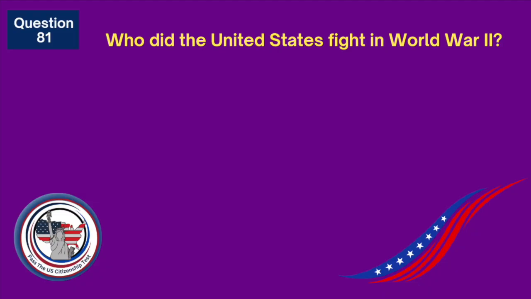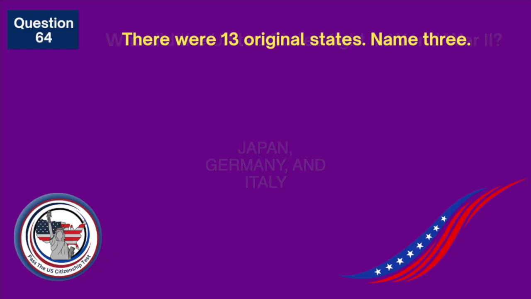Who did the United States fight in World War II? Japan, Germany, and Italy. There were 13 original states. Name 3.